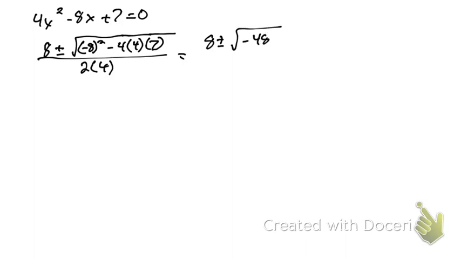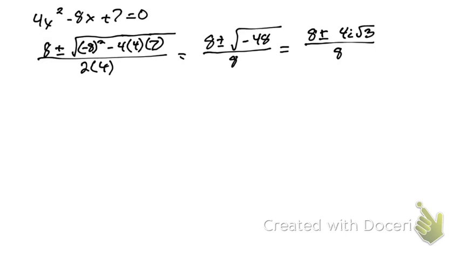So this is -48 all over 8, which we could go further and say, well, that's 8 plus or minus, should I simplify? Yeah, so we'd have 4i times the square root of 3, because 16 goes into it 3 times. Yep, that's right, divided by 8.